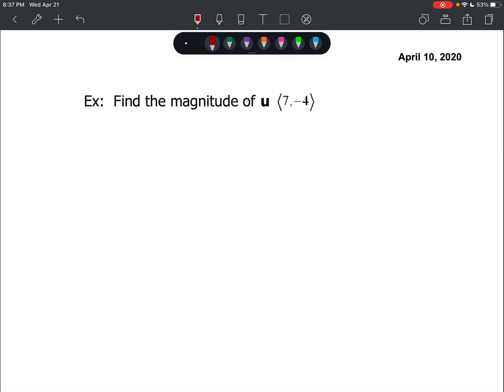So let's find the magnitude of vector u given its component form 7, -4. So the first thing I'm going to do is write the vector inside the double bars, and that means magnitude. And magnitude is a numerical value. It's a scalar value.